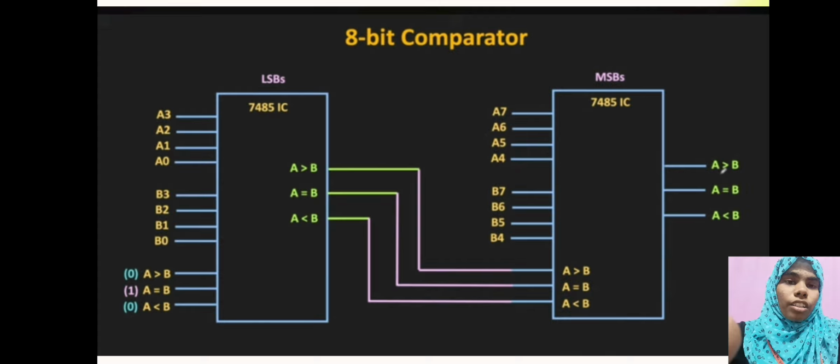A comparator compares the relation between the inputs, whether they are greater than, less than, or equal to. Using 4-bit comparators, we also design an 8-bit comparator. This is a block diagram of the 8-bit comparator.